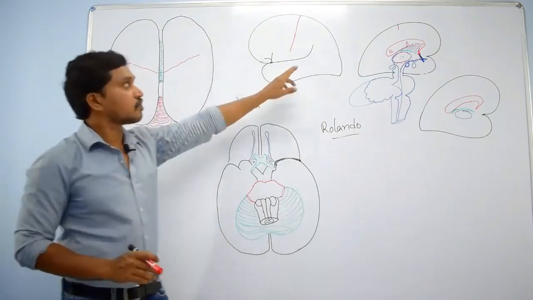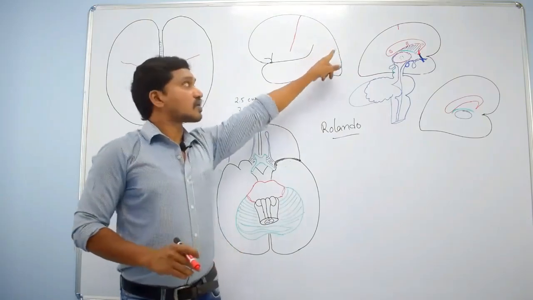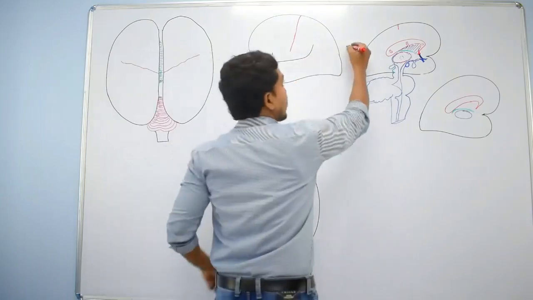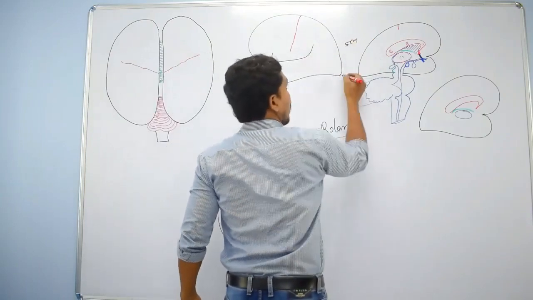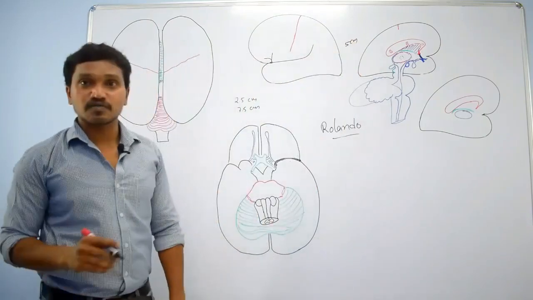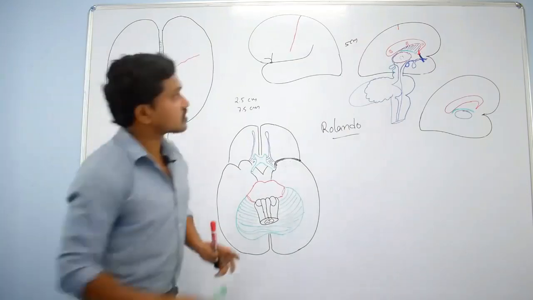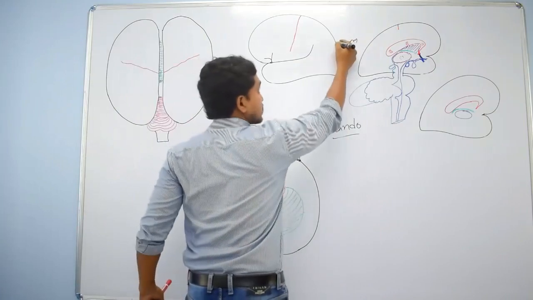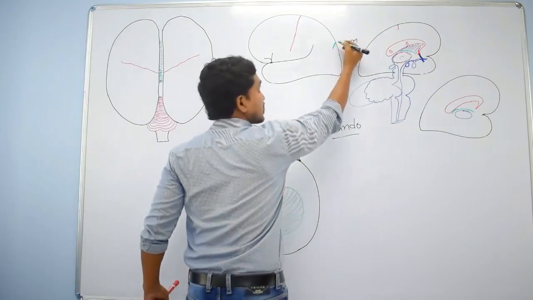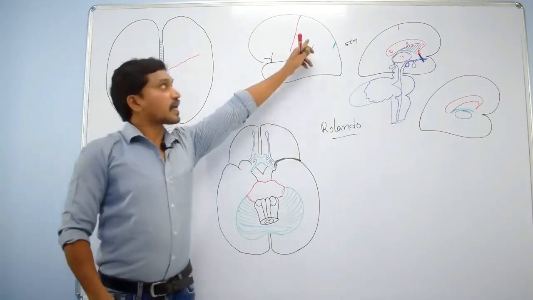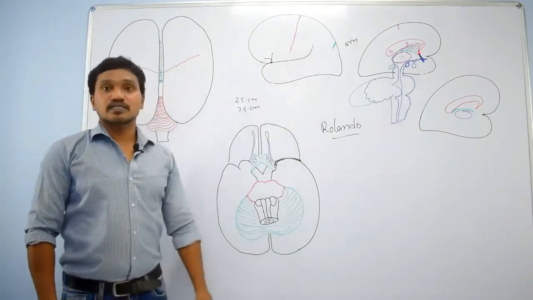Then there is one sulcus present 5 centimeters from the occipital pole. This sulcus we call the parieto-occipital sulcus.